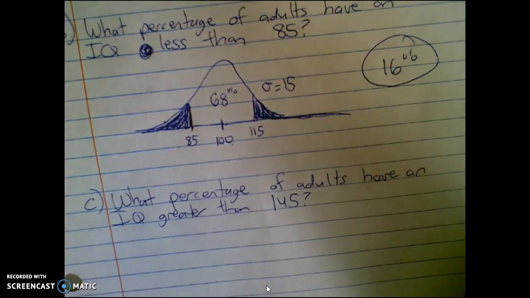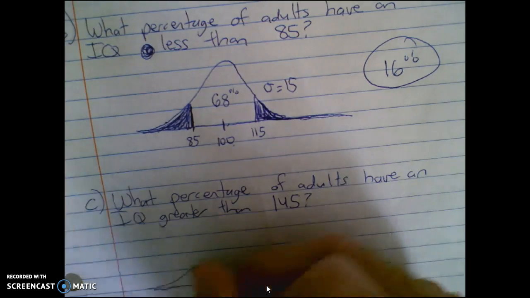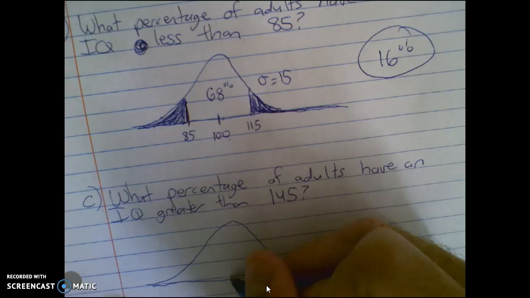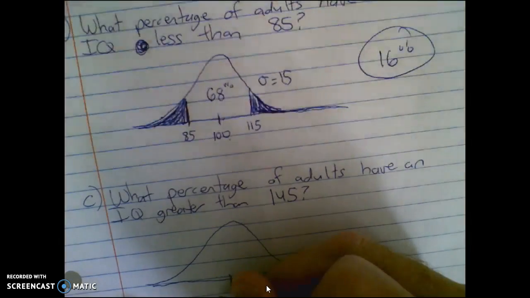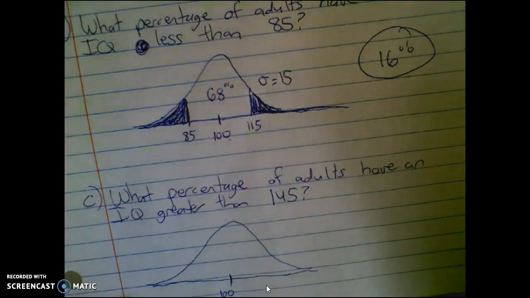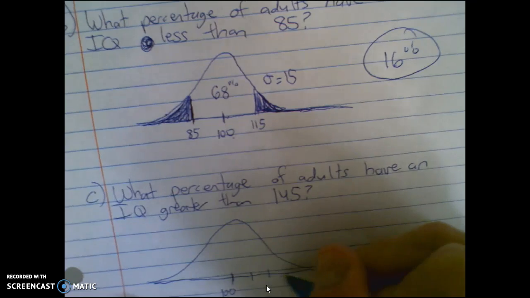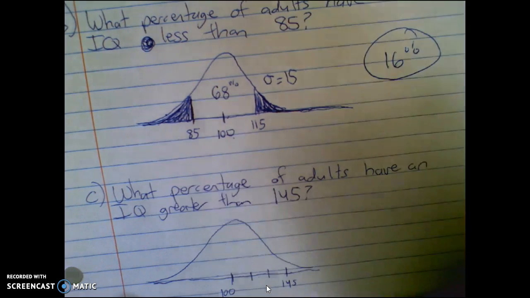What percentage of adults have an IQ greater than 145? Now all the questions that I ask you right now have to be exactly 1, 2, or 3 standard deviations above the mean, because that's all we're learning right now with the empirical rule. So 145 is 1, 2, 3: 115, 130, 145.